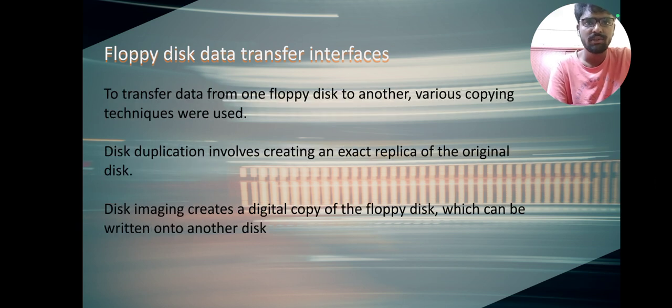To transfer data from one floppy disk to another, various copying techniques were used. Disk duplication involves creating an exact replica of the original disk. Disk imaging creates a digital copy of a floppy disk which can be written onto another disk.